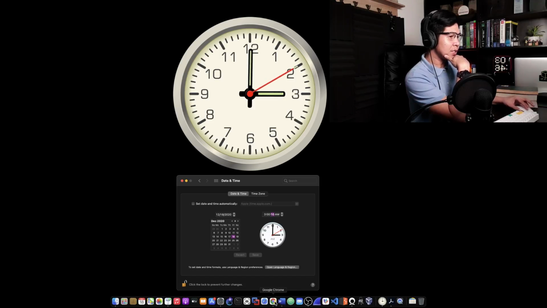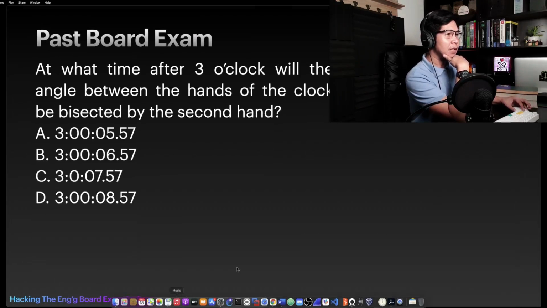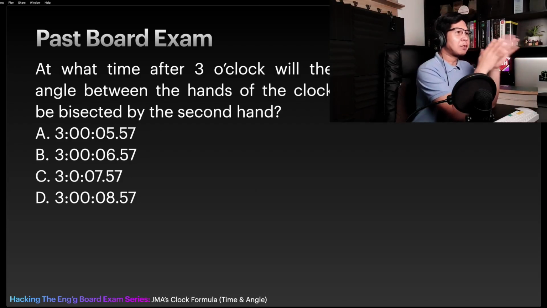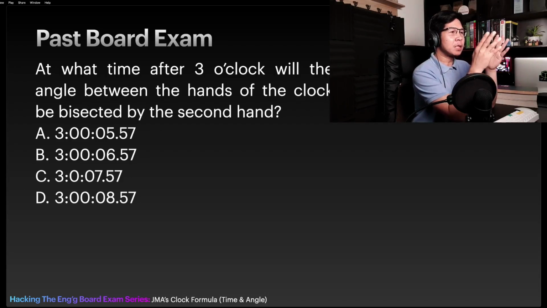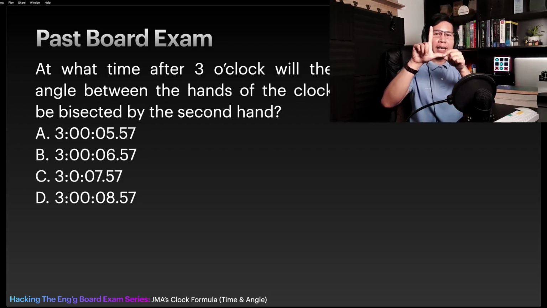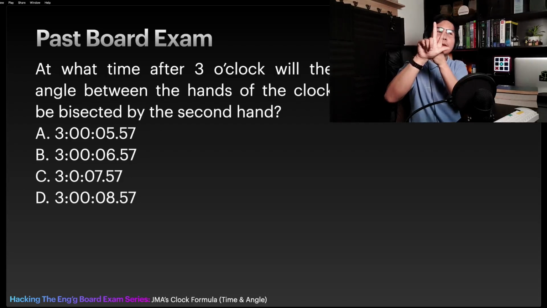So, this one is a bisector problem. So, ibang konsepto na ito. At what time after 3 o'clock na yung angle between yung hands ng clock will be bisected by the second hand. So, kung ito yung minute hand, ito yung hour hand, anong oras daw ito?